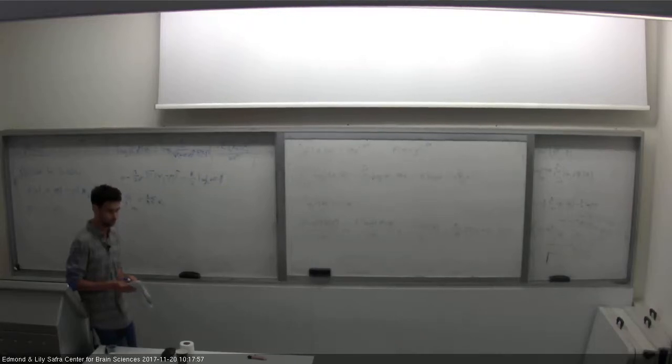Now we want to find sigma, the variance of the Gaussian.